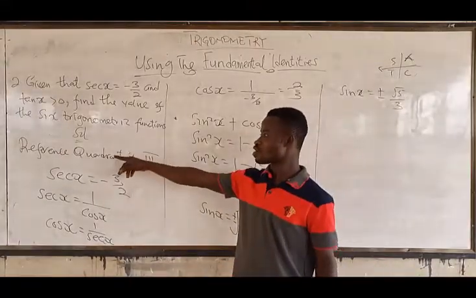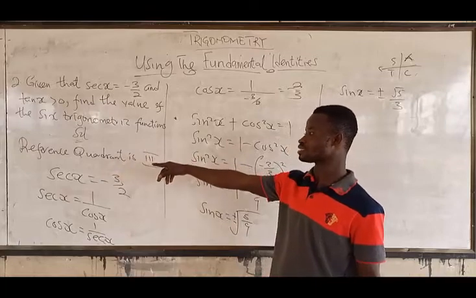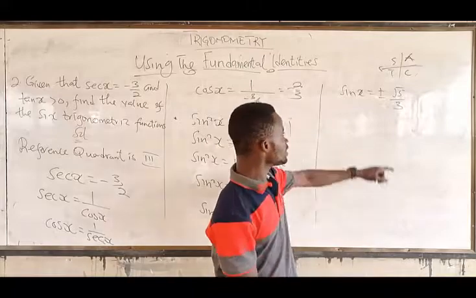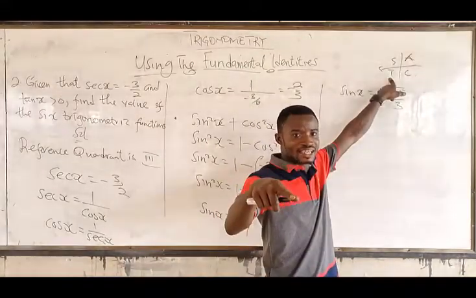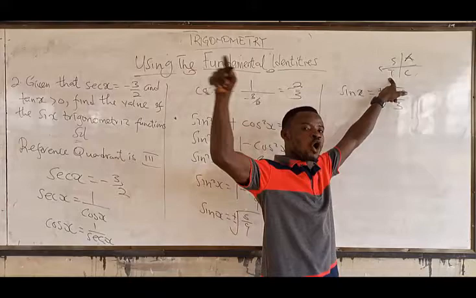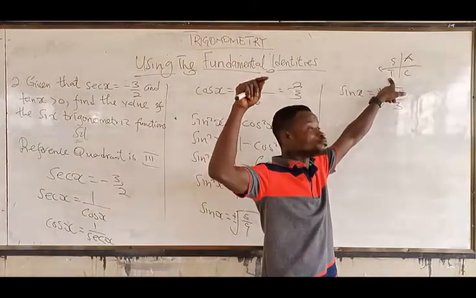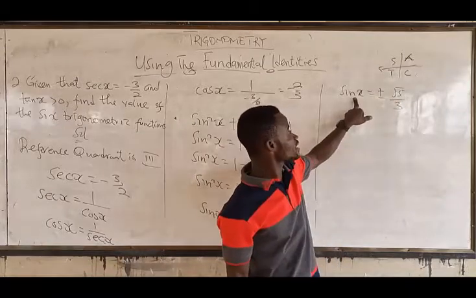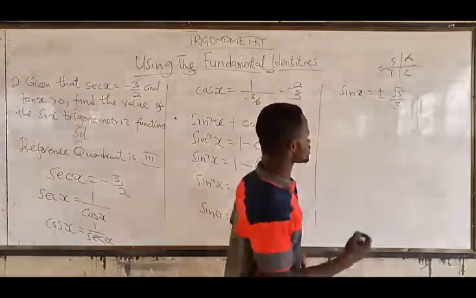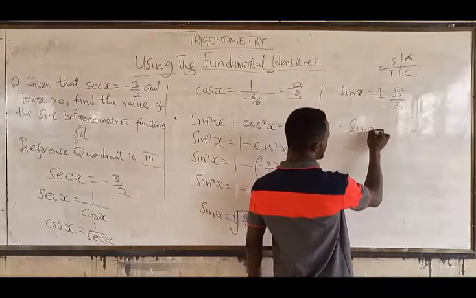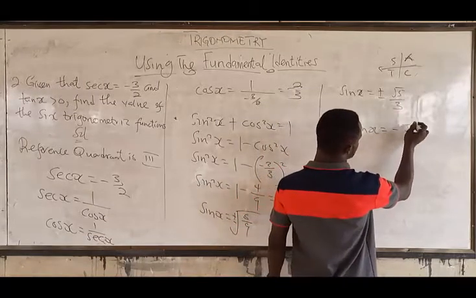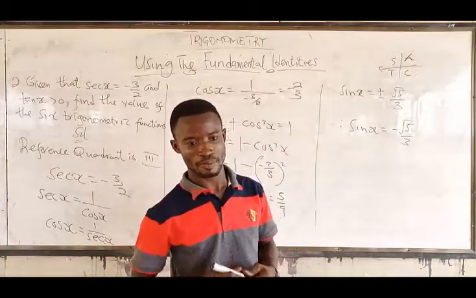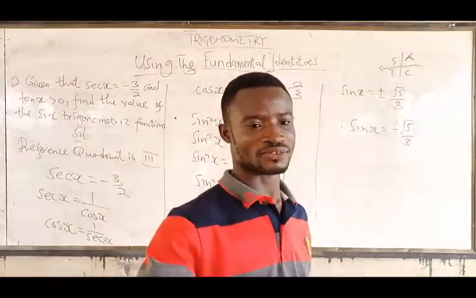But don't forget, what is our reference quadrant here? The third quadrant. And in the third quadrant, only tan and its reciprocal cot is going to be positive. Therefore, sine is negative. Therefore, sin x is going to be negative square root of 5 over 3. Very good. I love this stuff.